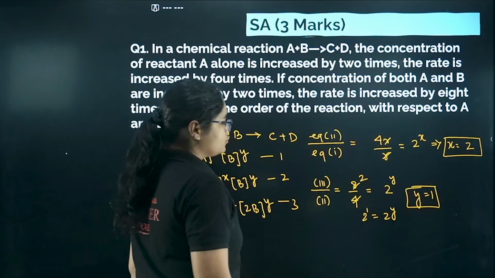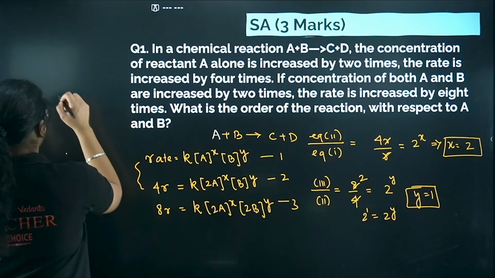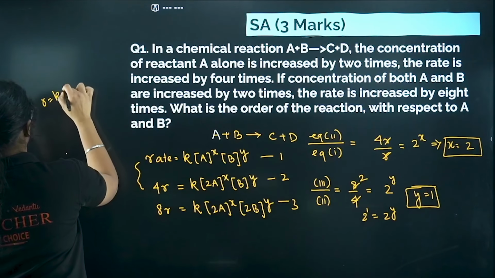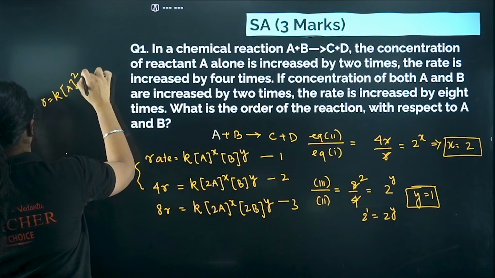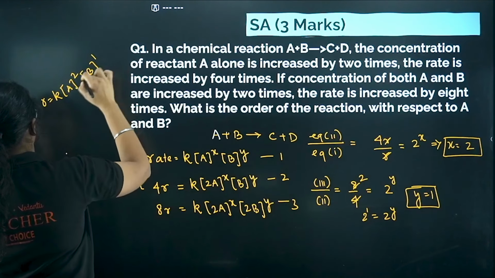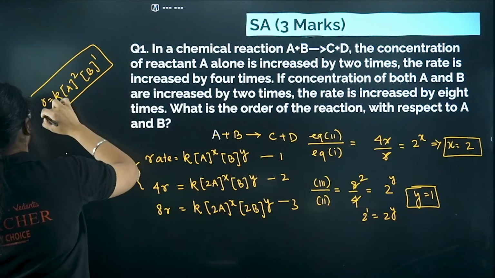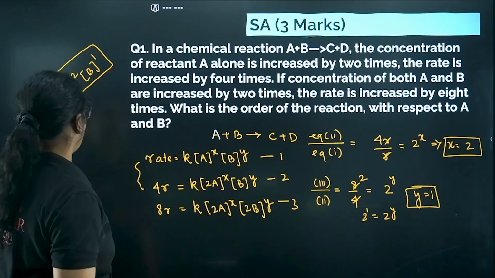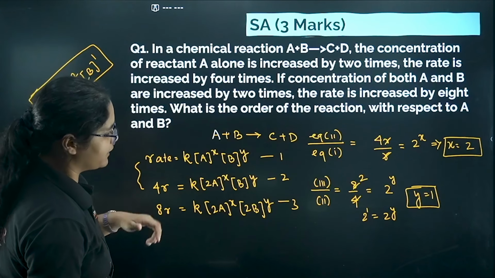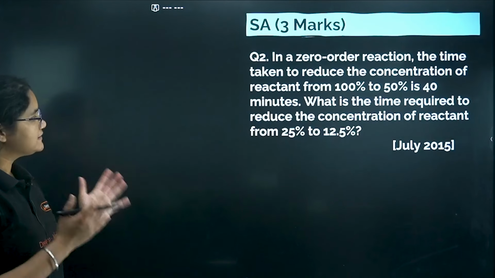So x is 2 and y is 1. So I will get rate r is equal to k [A]^2 [B]^1. Clear? Okay, let us see the next question.